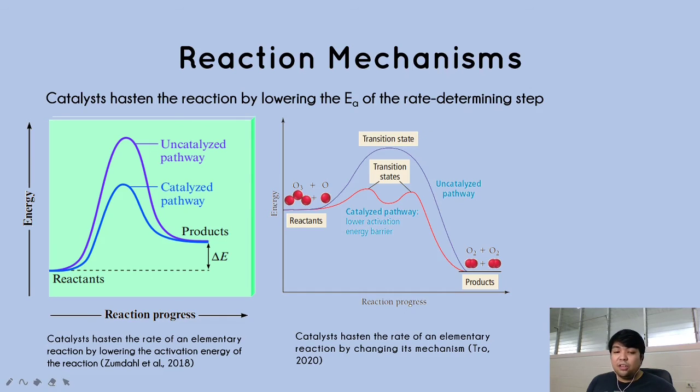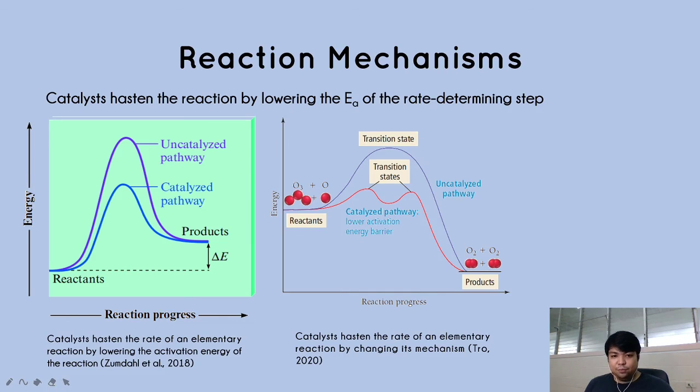Anyway, that's another matter. So if you add a catalyst here, instead of lowering the single activation energy, it actually splits the reaction into two steps, which is dictated by the presence of two activation energies and also two transition states.